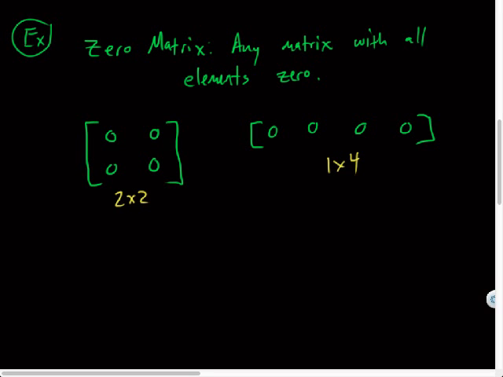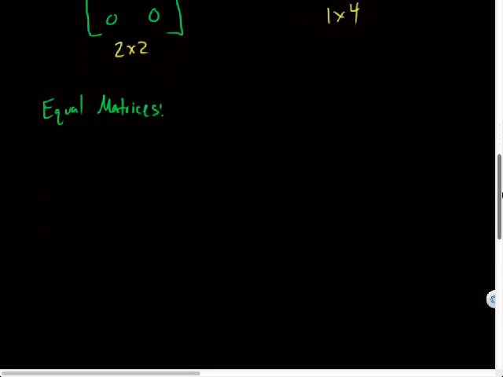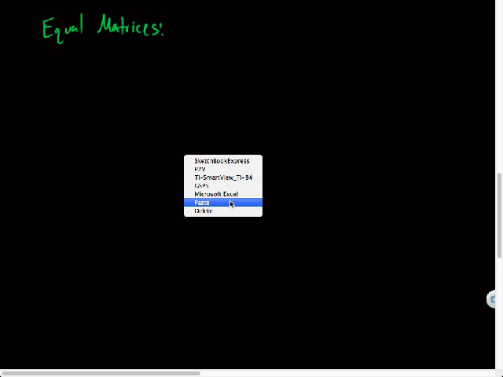Now, here's a fact for us. What if I tell you two matrices are equal? What do you think would be true about that? What do you think I would mean if two matrices are equal? What stipulations would be on that?